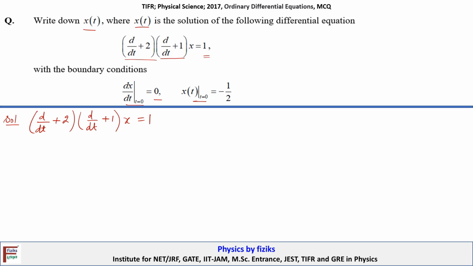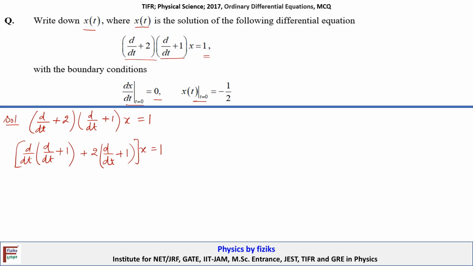Now on solving this operator term, we can obtain d/dt into the second term, that is equal to d/dt plus 1 plus 2 times d/dt plus 1, all multiplied by x is equal to 1.